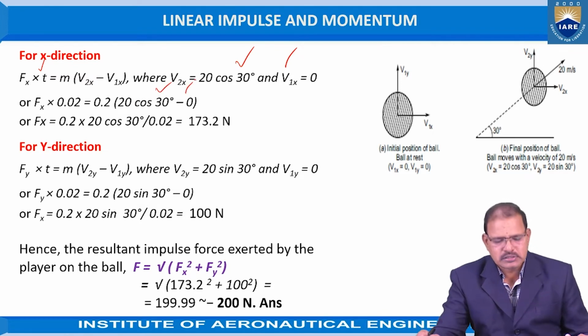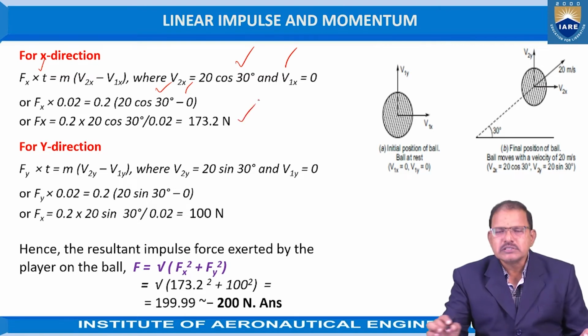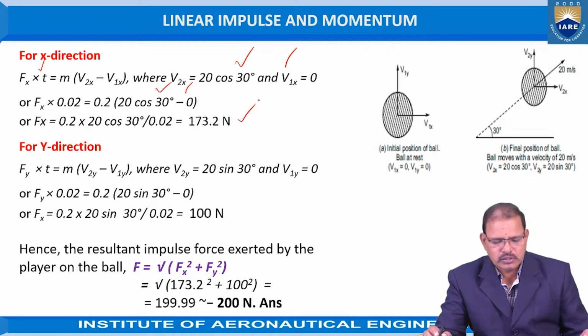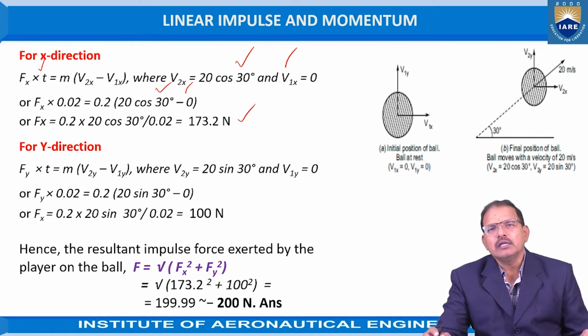This is the change in velocity, which gives Fx equal to 0.2 into 20 into cos 30 divided by 0.02, which is equal to 173.2 newtons.